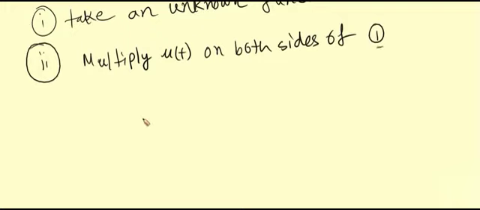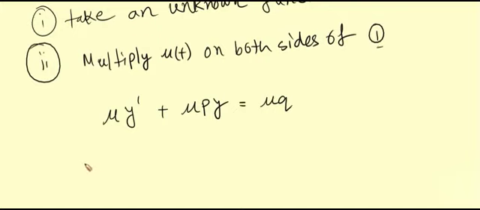If you do that, and I'm not writing t explicitly right now, but you should understand from the context that these are actually functions of the independent variable t. So we'll write mu y prime plus mu p y equals mu q. Okay, this part is done.